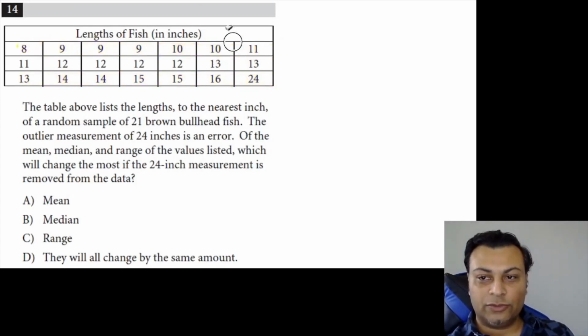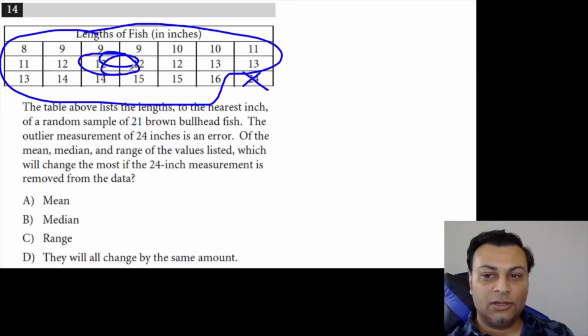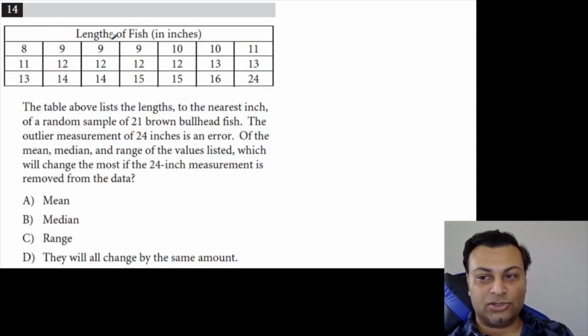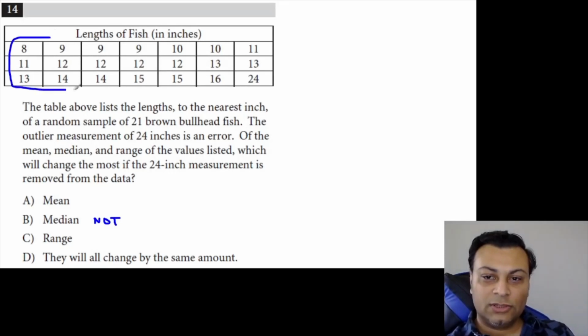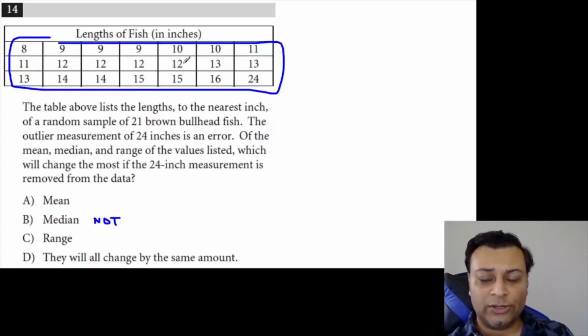If you remove this 24 and just work out the median of the rest of them, it's still 12. The median doesn't change, and typically the median doesn't change much when you remove one element. So the median, in this case, it won't change at all. So it's not the median. The mean, okay. Right now the mean is this total over 21.